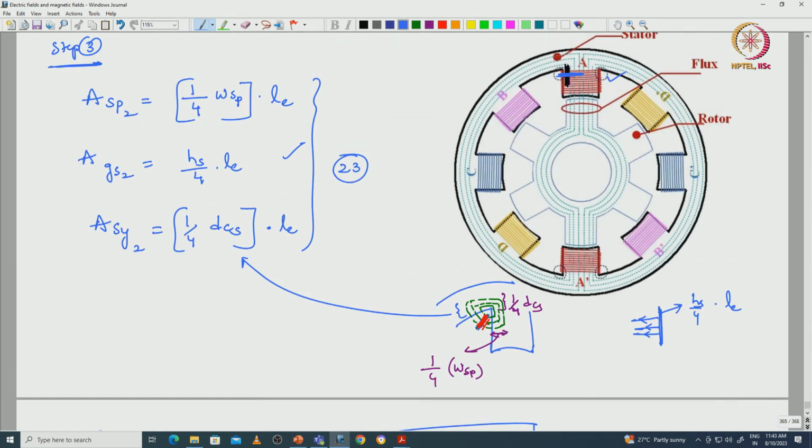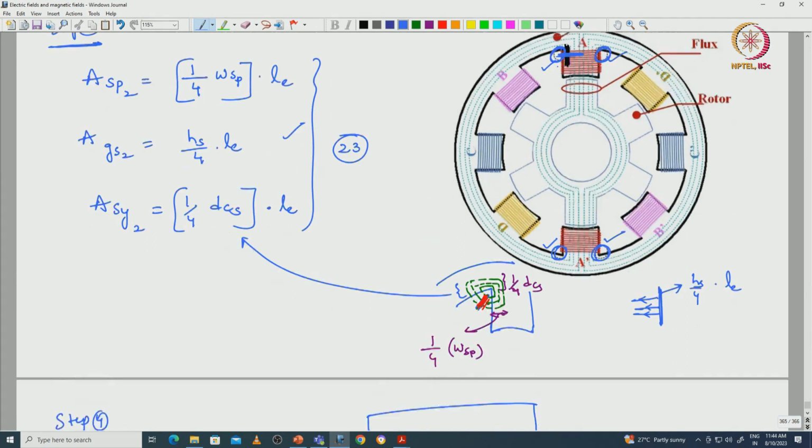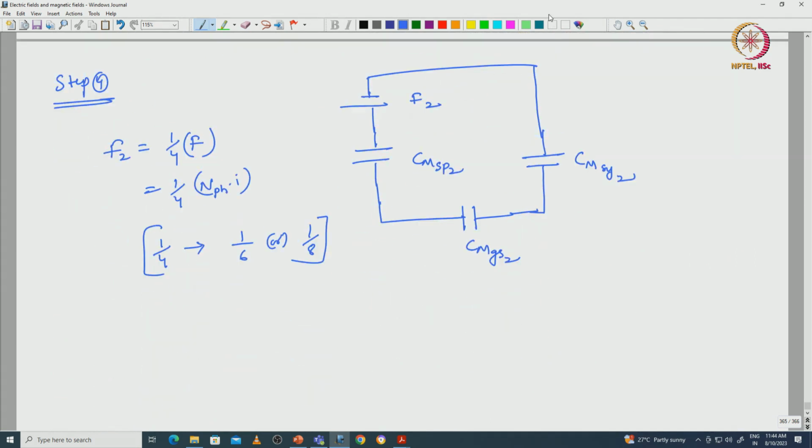So, this is loop 1, loop 2, loop 3 and loop 4, these circles. The flow variable will be d phi 2 by dt. Based on this we can analyze the equivalent circuit with respect to the network analysis, and we can get the equivalent reluctance.